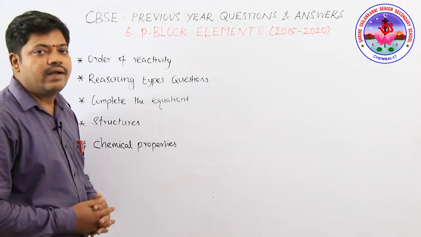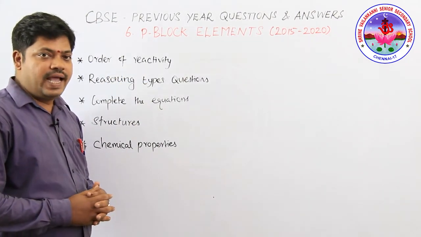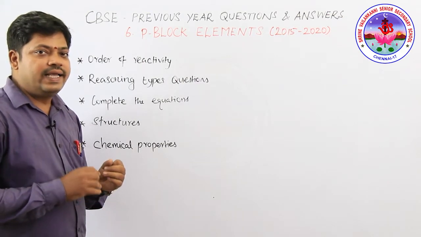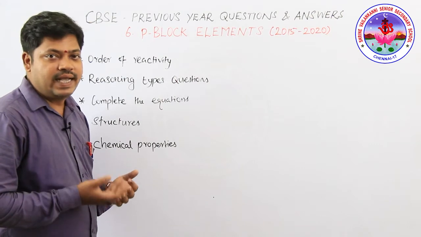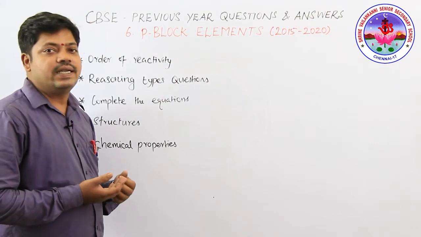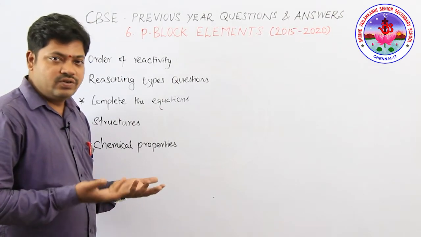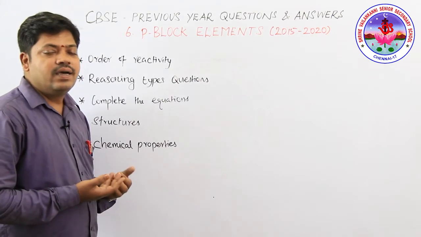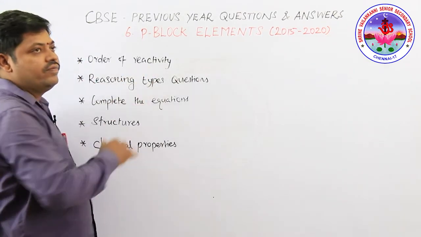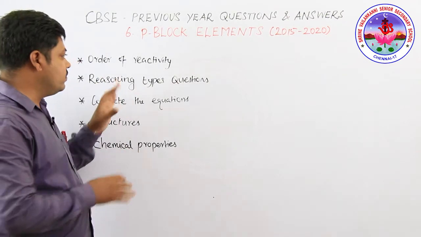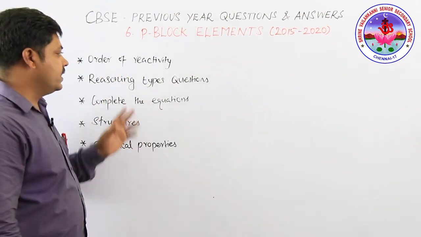What is the order of reactivity? It means the order of increasing acidic strength, increasing basic strength, and increasing or decreasing bond dissociation enthalpy, like this. So this indicates the order of reactivity, and you can expect it based on the question.